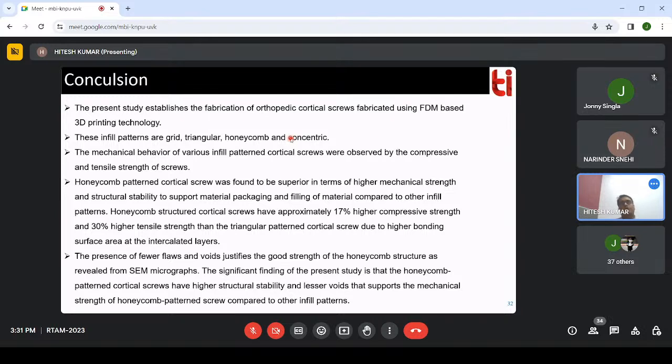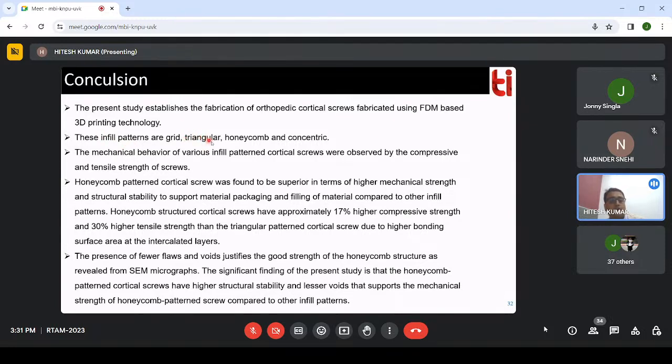Earlier, in normal practice, people mostly used titanium-based screws, and those are cast only. Now we are also working on casting titanium-based screws with the help of SLM or some other methods.